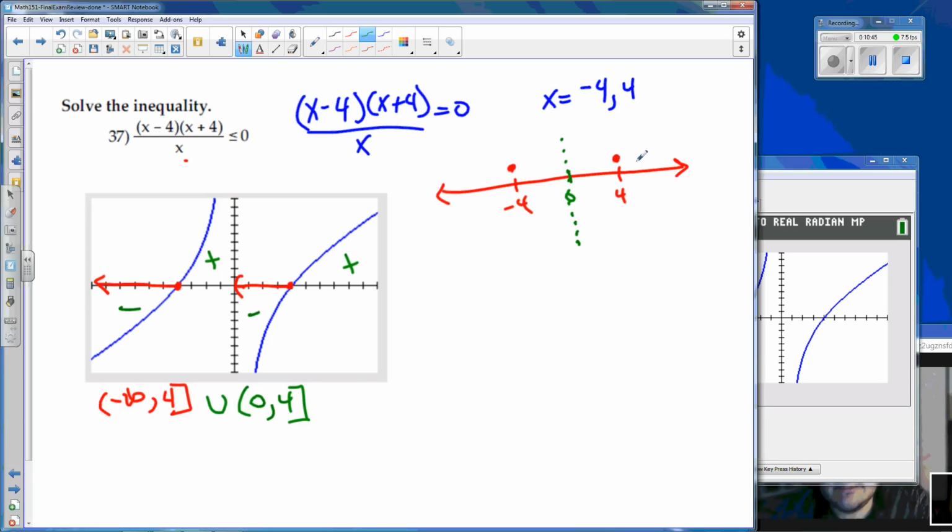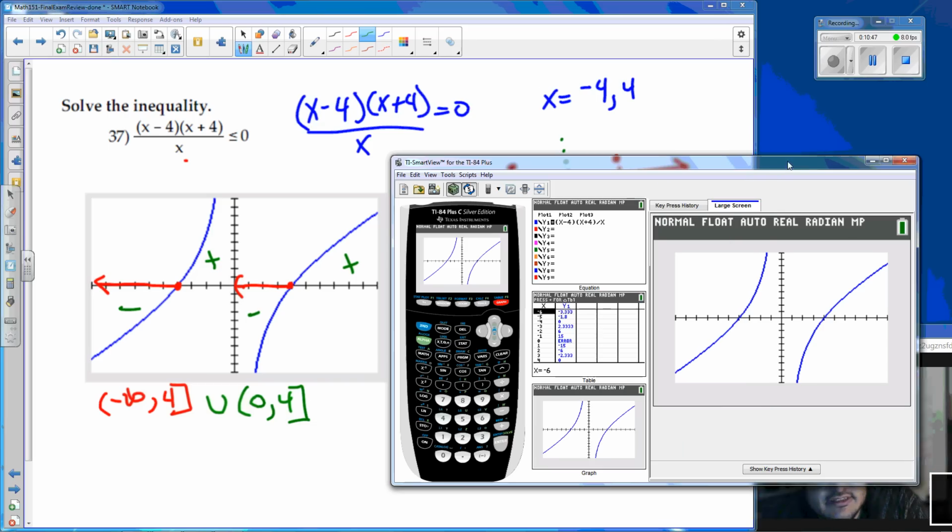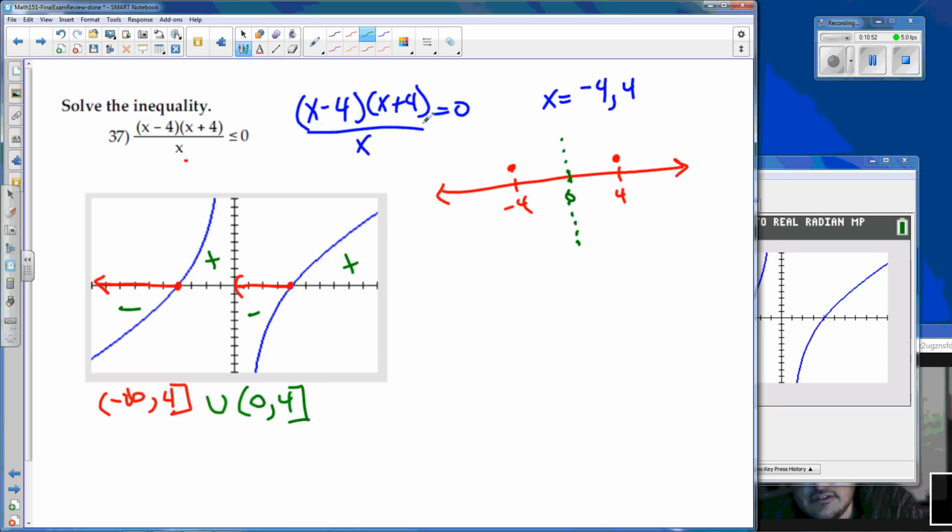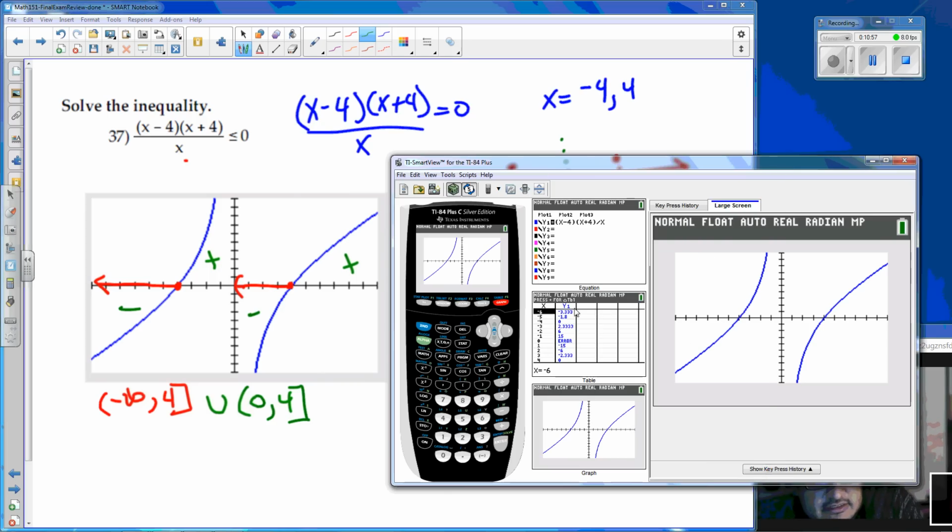Now, what this helps you out with also is that it gives you a table. So if you didn't have a calculator, you would plug in test points. You might plug in -5, and the table gives you what -5 is. Negative. So that means that's negative.